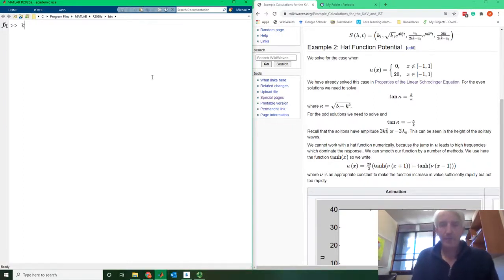So we go 0, comma, the square root of 20. That's what we're allowed for k. And kappa is equal to the square root of 20 minus k squared.